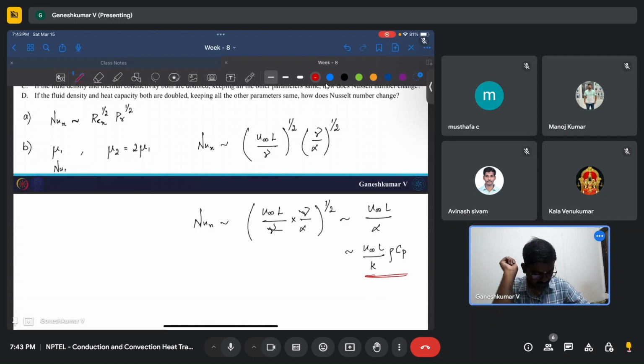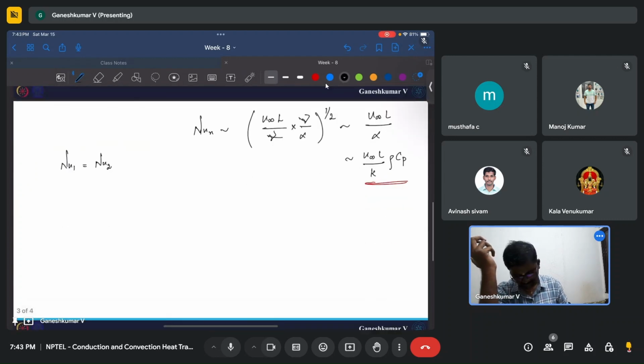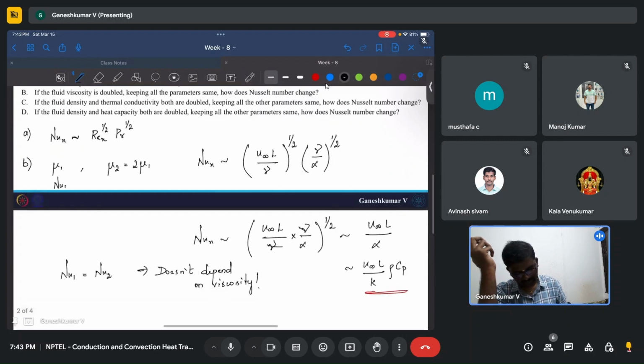So this relation actually gives us that Nu1 will be equal to Nu2, because it doesn't depend on viscosity. Whether you change the viscosity or not, it's not going to change. It remains the same. Remember, this is for Prandtl number very much less than 1.